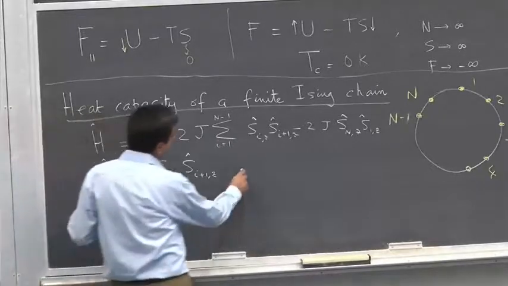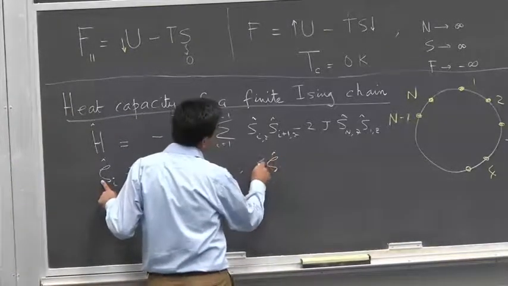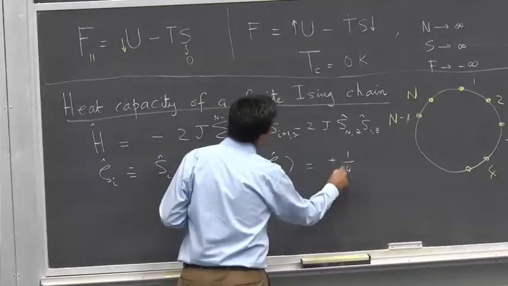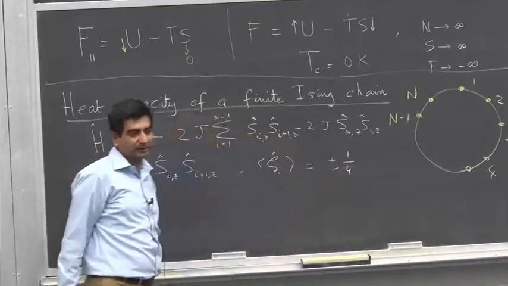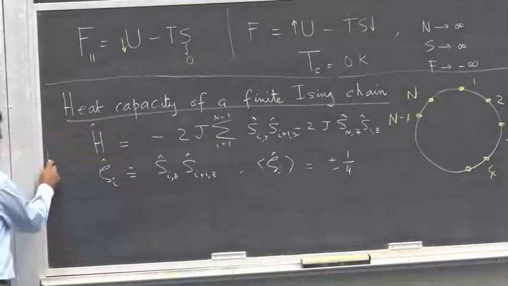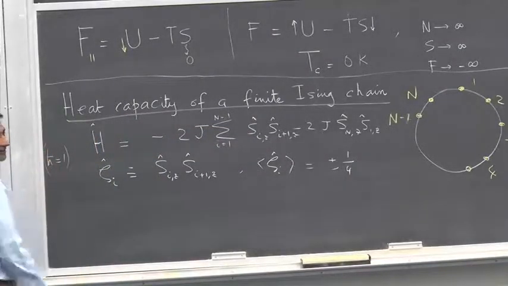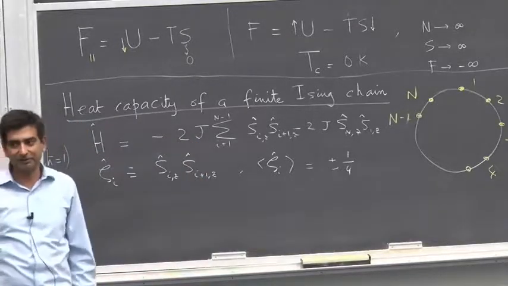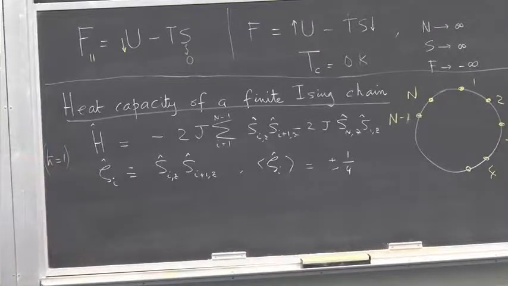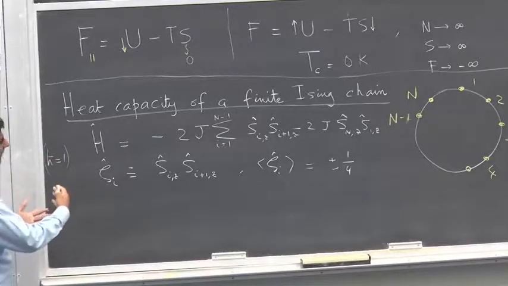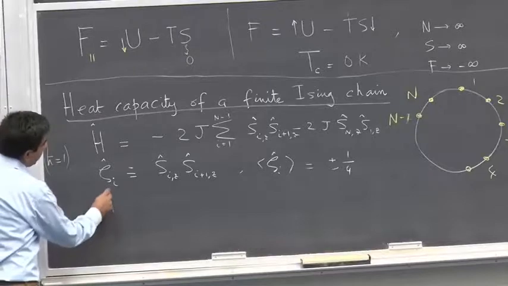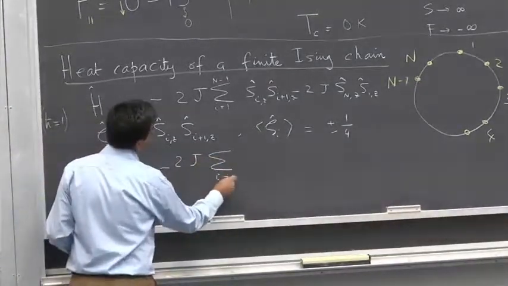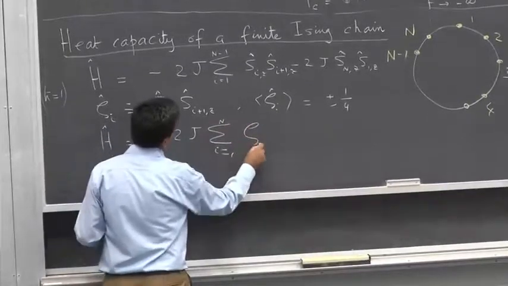Now the eigenvalues of this operator are, of course, plus 1/4 or minus 1/4, because the eigenvalue of each one of them is half. Remember, I am taking h bar equal to 1. Really, there's an h bar squared in the denominator as well. Anyway, I am taking h bar to be equal to 1. So now my Hamiltonian can be written as minus 2J, sum over i from 1 to n, zeta_i.